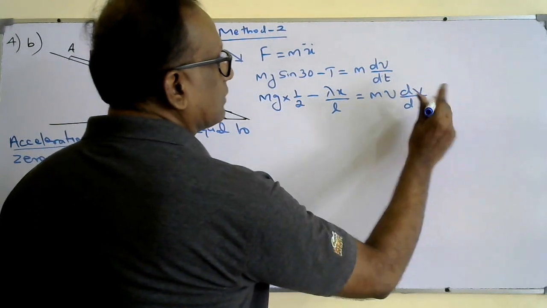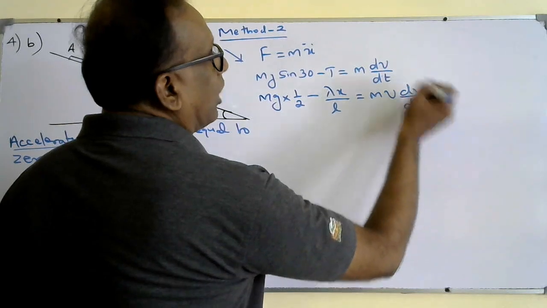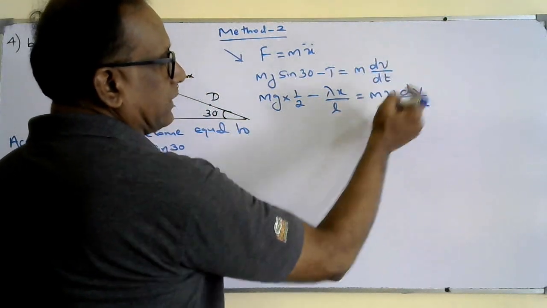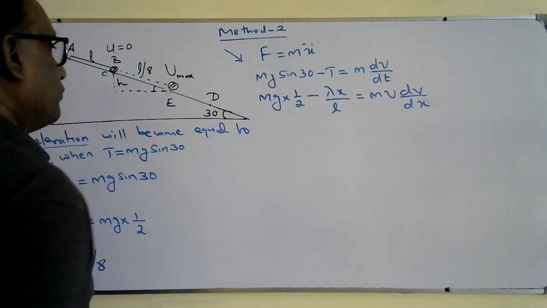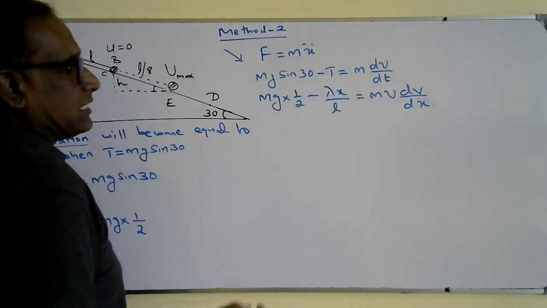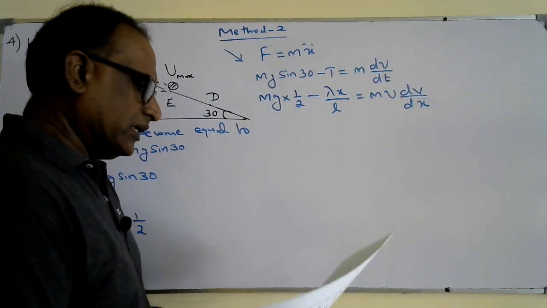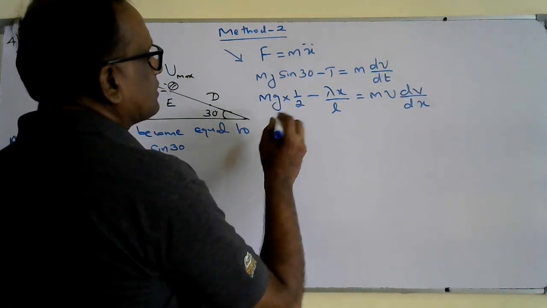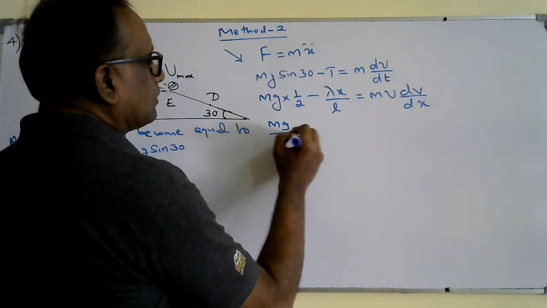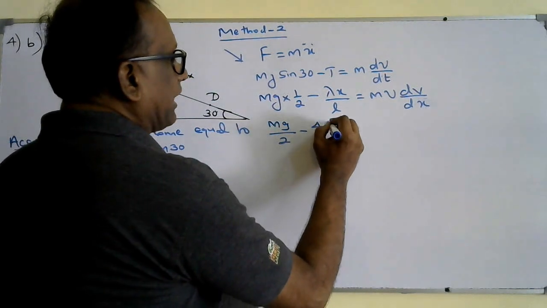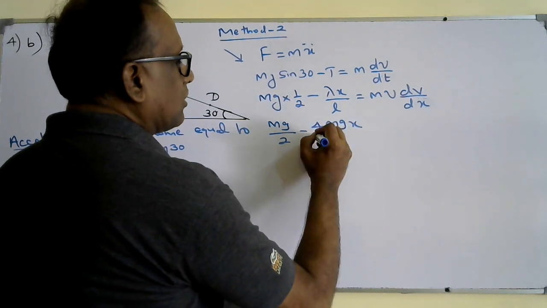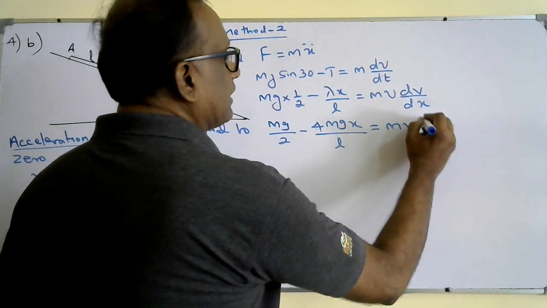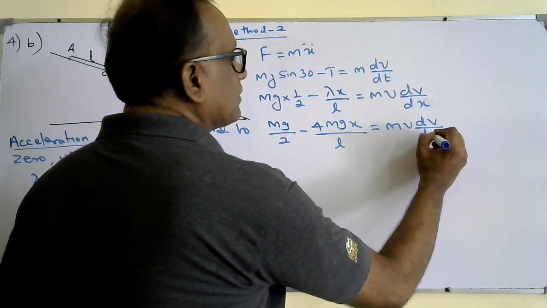Lambda we found in the first part, equal to 4 mg. So we'll substitute that: mg by 2 minus 4 mg x over L equal to m v dv over dx.